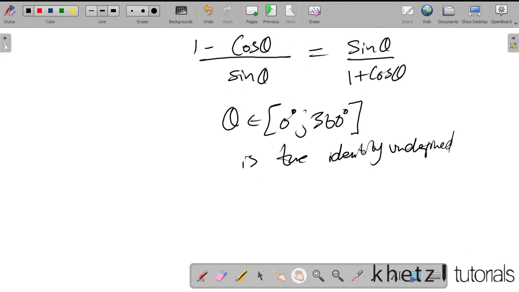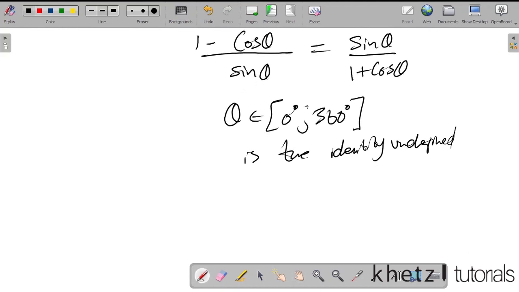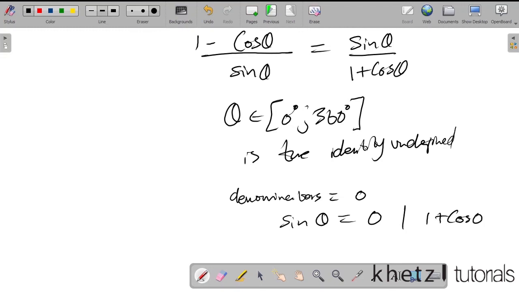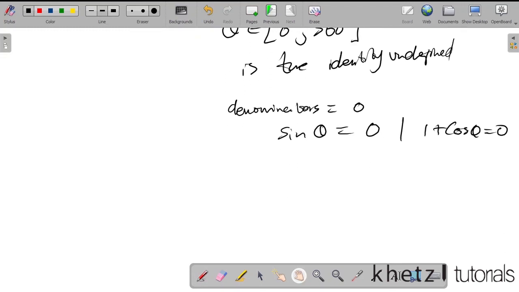So you basically just have to check the values where your denominators are equal to 0. So you're going to equate sine theta to 0, and you're going to see where that particular denominator is equal to 0. You're also going to equate the other denominator to 0. And then after that, you're going to find your general solutions.